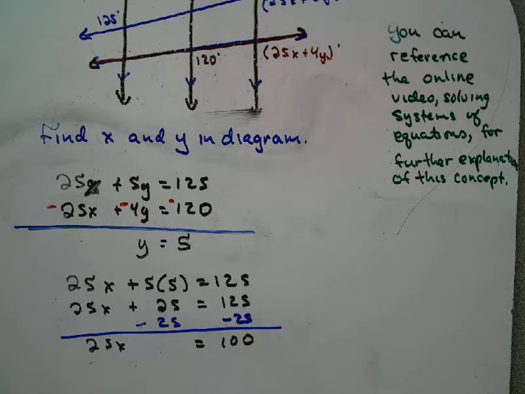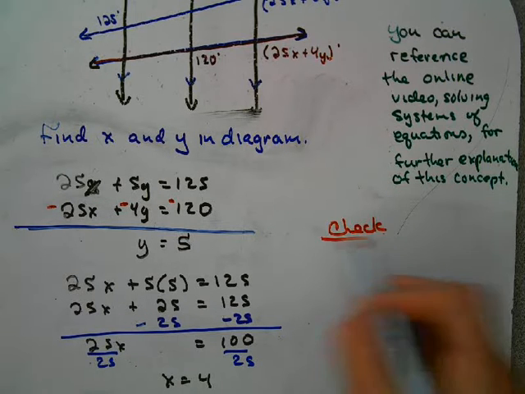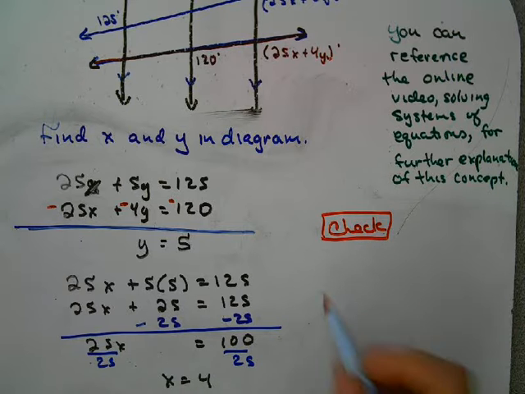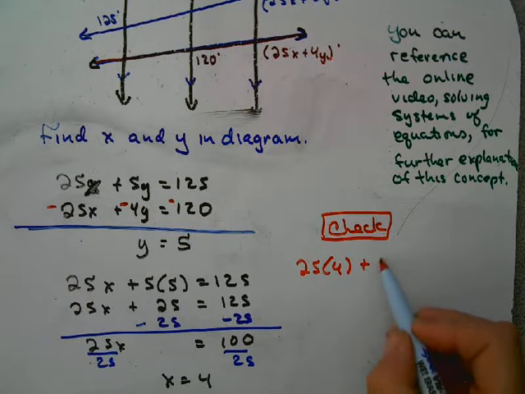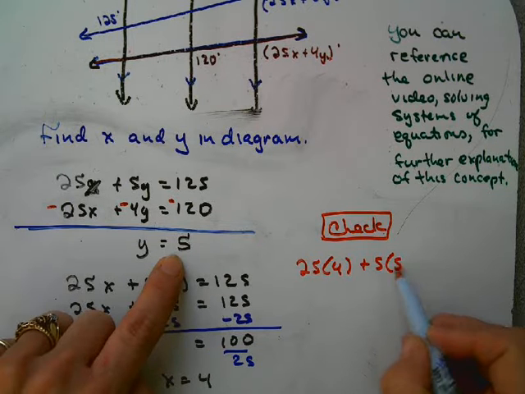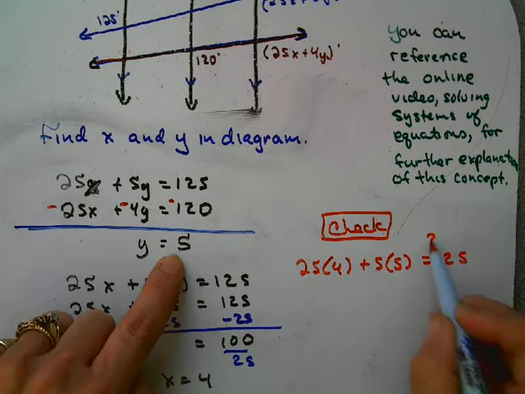So it's best to check these things. In the first equation, 25 times 4, there's my x, plus 5 times 5, does that equal 125? 25 times 4 is 100. 5 times 5 is 25. It works.